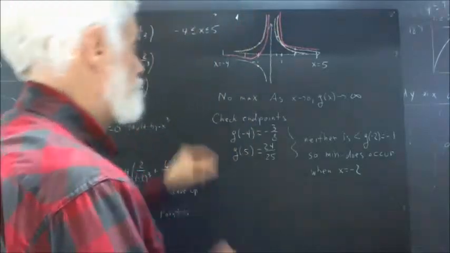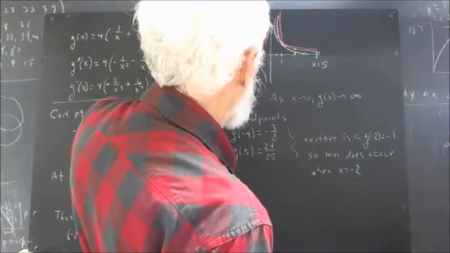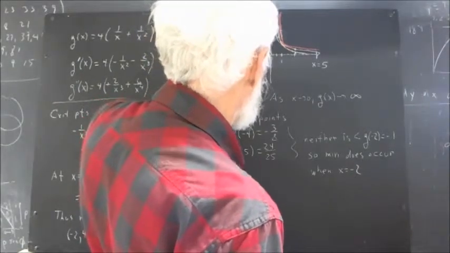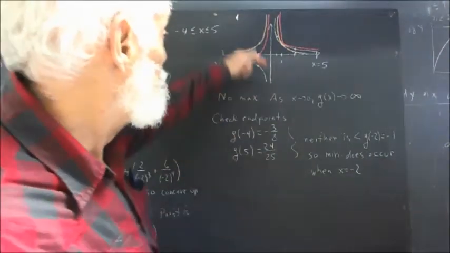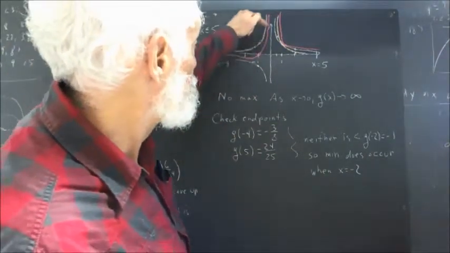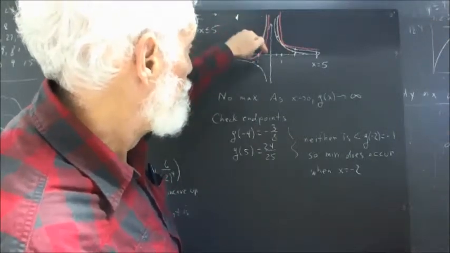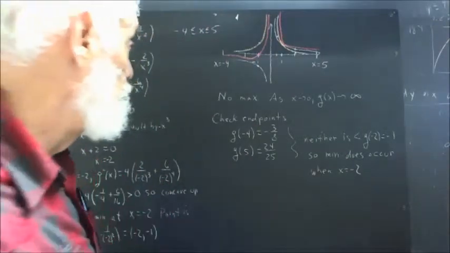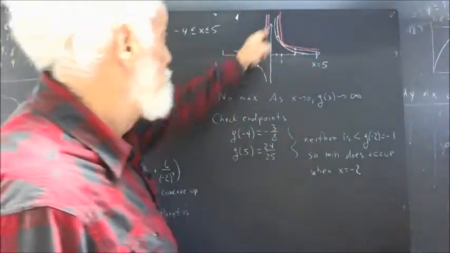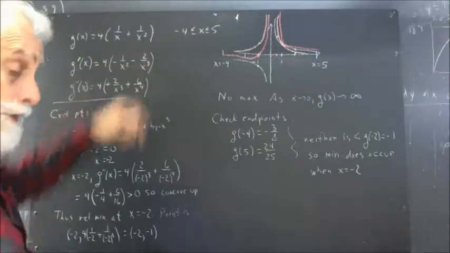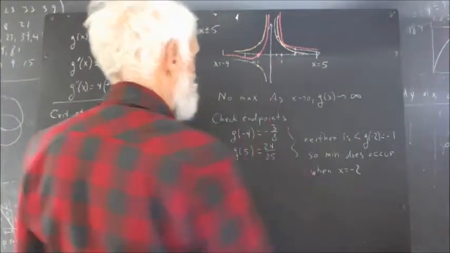Another way to see it is that we have to go up higher to get to this graph, and go down to get to this graph. From here up to this graph is further than from here down to this graph, so the positive is bigger than the negative, and the sum of the two is positive. So 1 over x plus 1 over x squared is positive between x equals -1 and x equals 0.